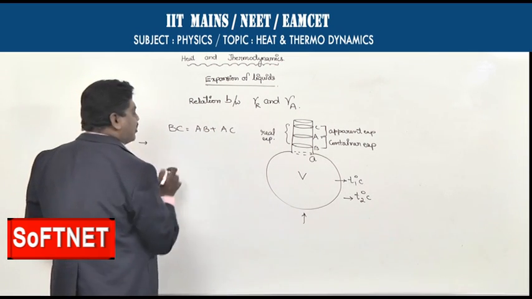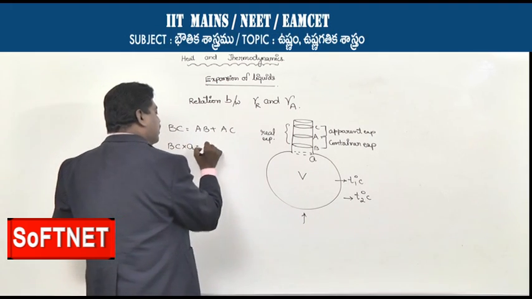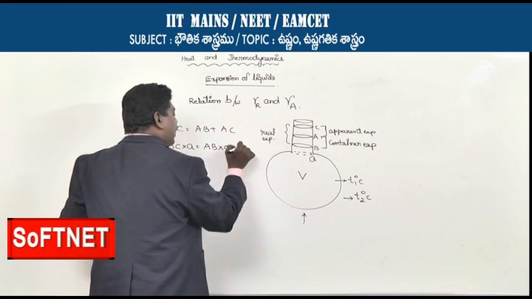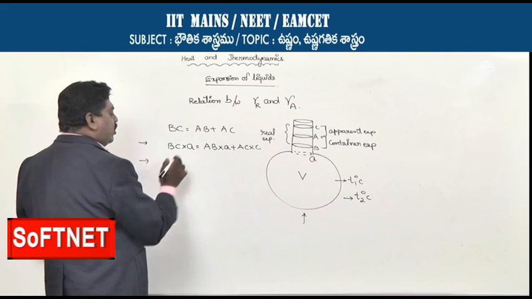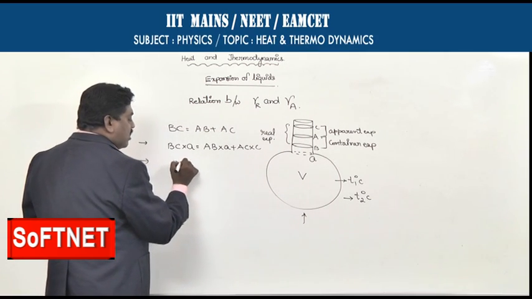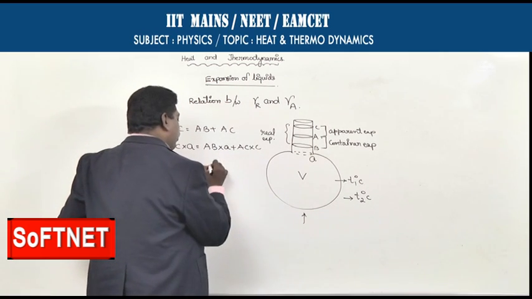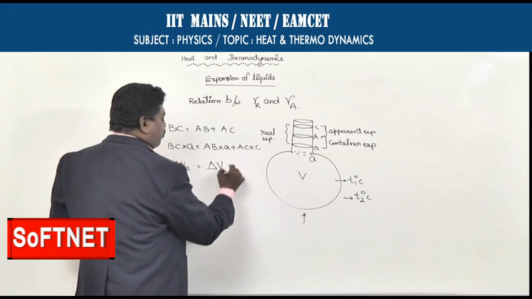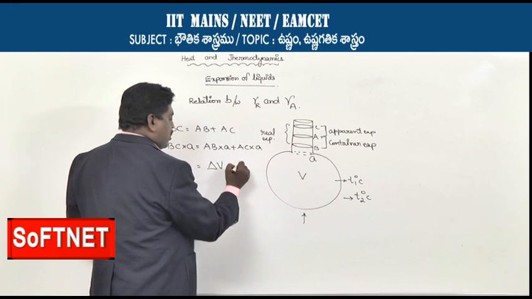Multiplying the area of cross section throughout, we have BC into A is equal to AB into A plus AC into A. Now BC into A is taken as real increase in volume delta VR, AB into A is taken as delta V, the container expansion, and AC into A is taken as delta VA.